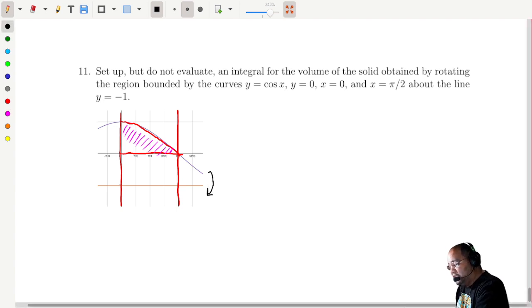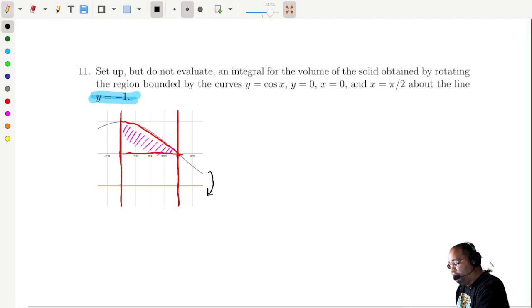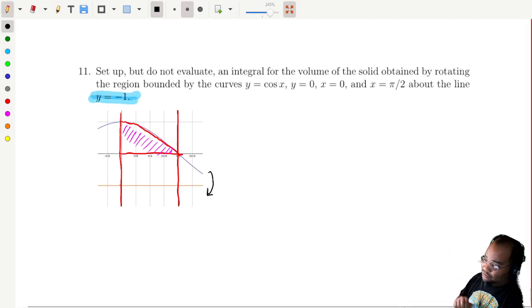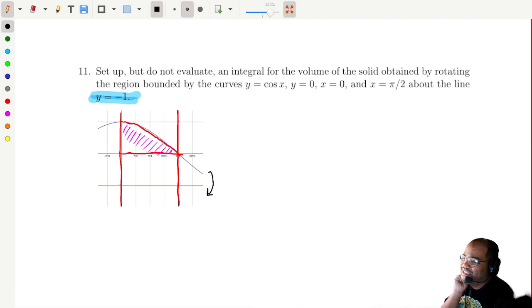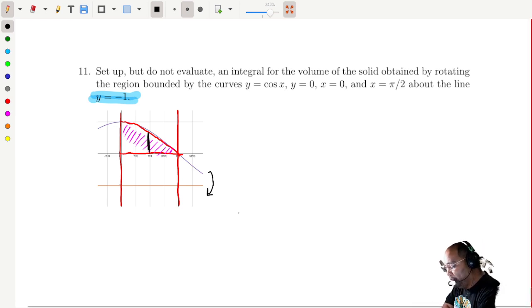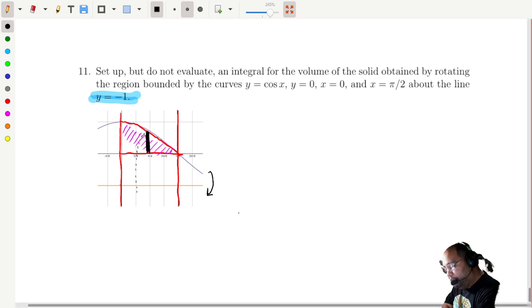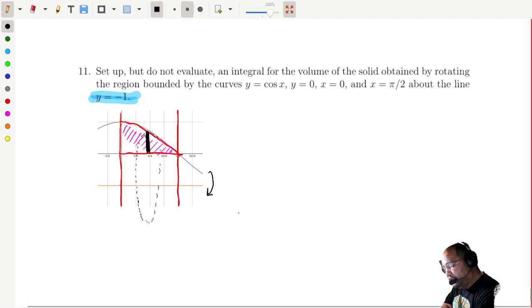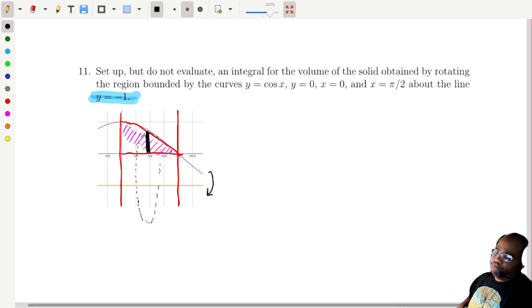Okay. So now we're not going around a particular one of the axes, but we are going around a different horizontal line. So this one's going to take a bit for us to think about. Okay, again, we want to think about outside squared minus inside squared. So let's go ahead and draw in the strip here. And I'm going to try my best to draw in a representative cross section.